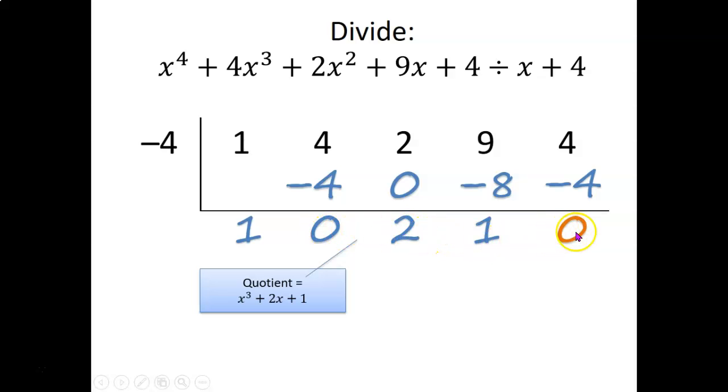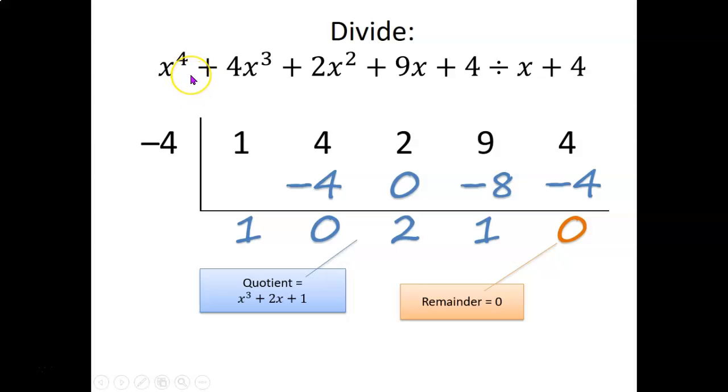All except the last numbers give me the quotient, and then that last number is the remainder. So here we got a remainder of 0. The division came out even. And the quotient had the coefficients 1, 0, 2, 1. Now the polynomial we started with was degree 4.